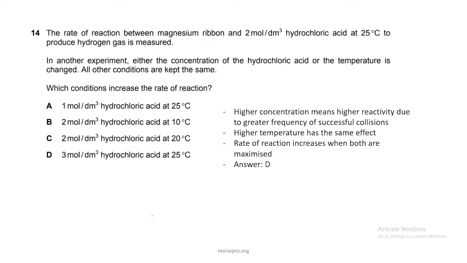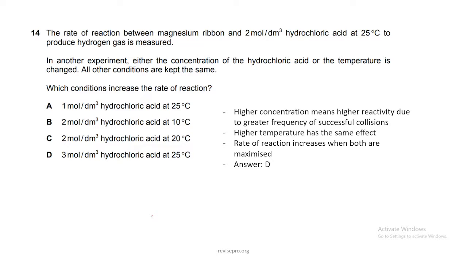The rate of reaction between magnesium ribbon and 2 molar hydrochloric acid at 25 degrees Celsius, to produce hydrogen gas, is measured. In another experiment, either the concentration of the hydrochloric acid or the temperature is changed. All other conditions are kept the same.